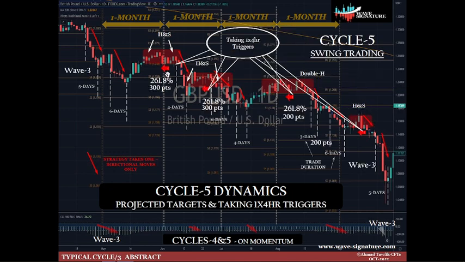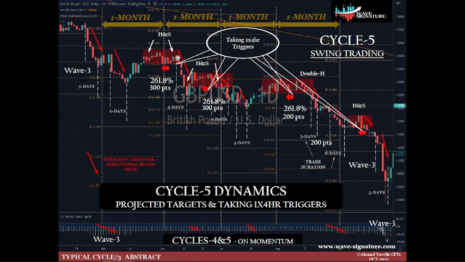So if we take these targets on a monthly basis, as shown here, every month, usually on the daily time frame, the cycle would do a very strong extension. It's really a cycle 5, but it becomes a cycle 3 inside of a cycle 5, a local internal cycle 3.